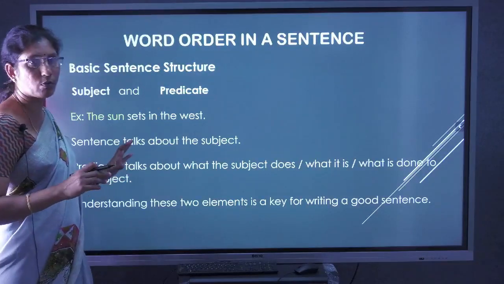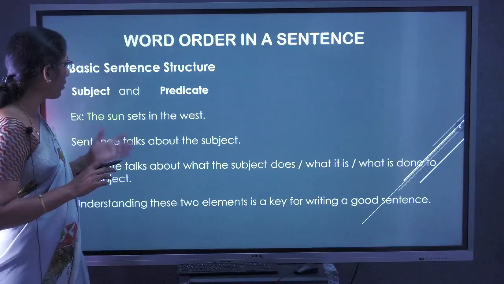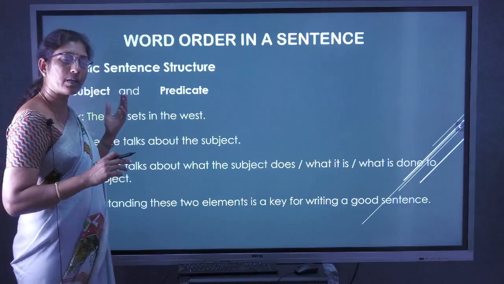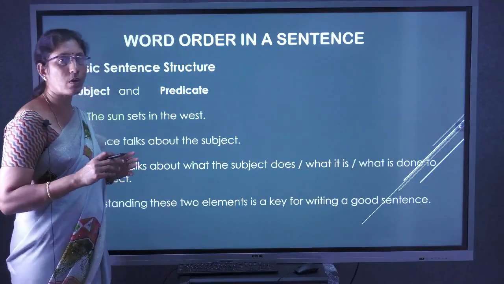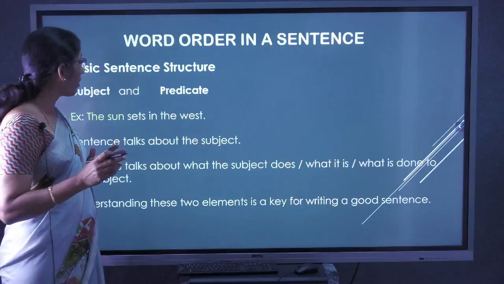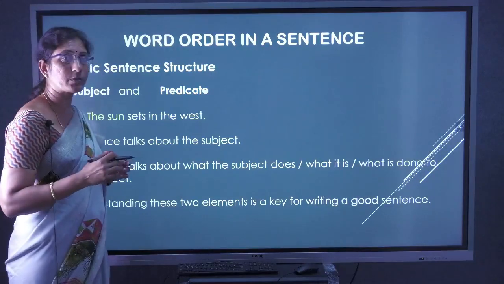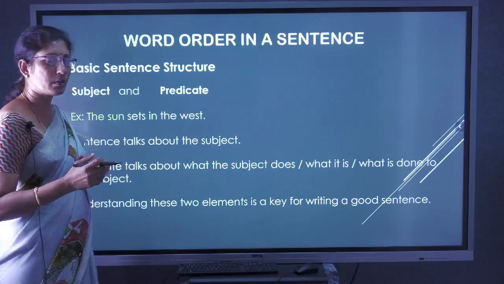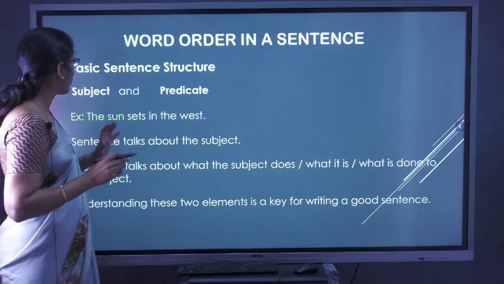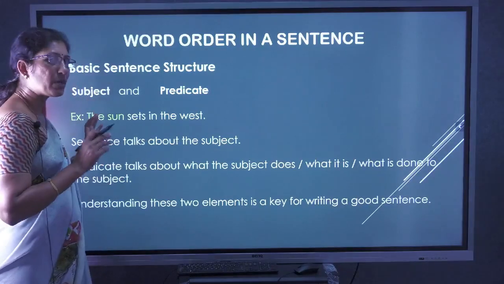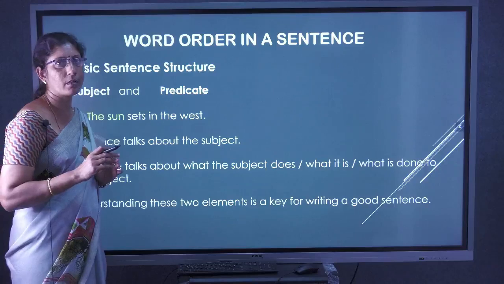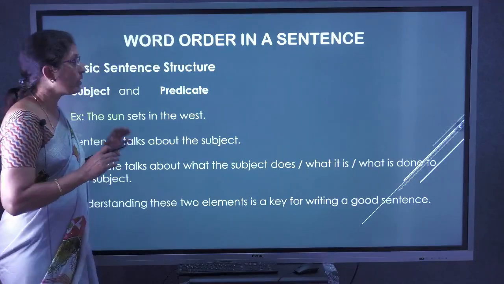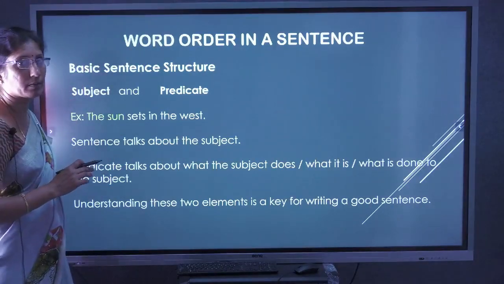Of course, you are aware of what a sentence is and how the order of words goes, what comes first and what comes next. It's true, you are well known about this one, but still we need to work on it to work further. We need to work on some theory part of it.